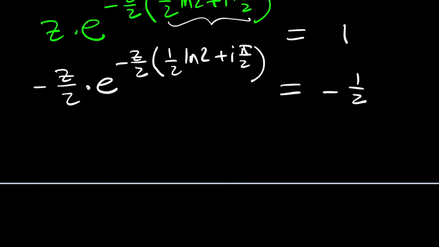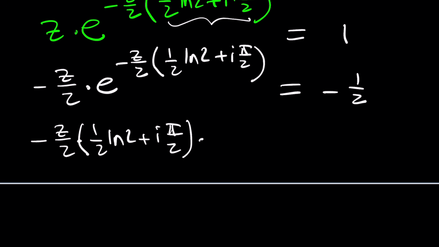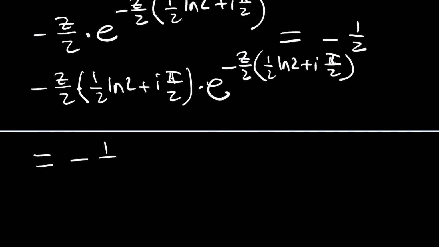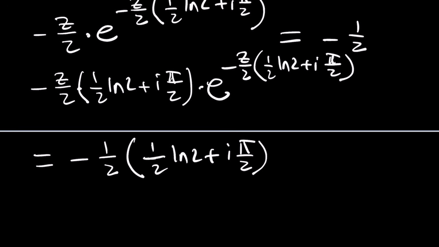And that'll be negative z over 2 multiplied by 1/2 ln 2 plus i pi over 2, which is the ln of 1 plus i, remember, times e to the power negative z over 2 multiplied by the same thing, right? i pi over 2, of course, it's not going to fit here. And I'm going to write it as negative 1/2 multiplied by 1/2 ln 2 plus i pi over 2. Awesome. Now we do have t e to the t equals this.